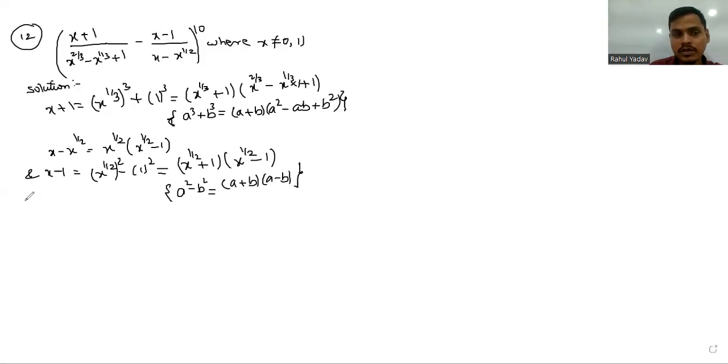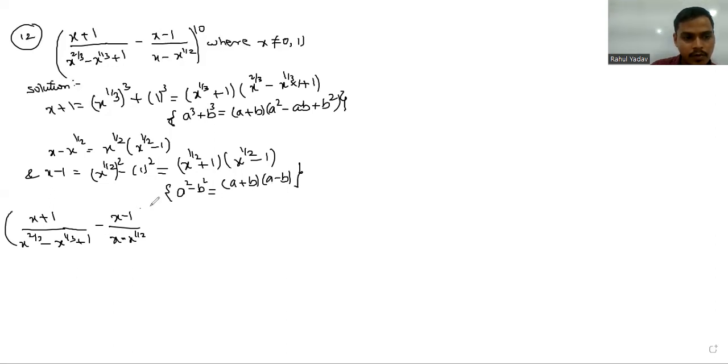Now we just substitute the values in the actual formula. What we have is [(x + 1)/(x^(2/3) - x^(1/3) + 1)] - [(x - 1)/(x - x^(1/2))], whole power 10.